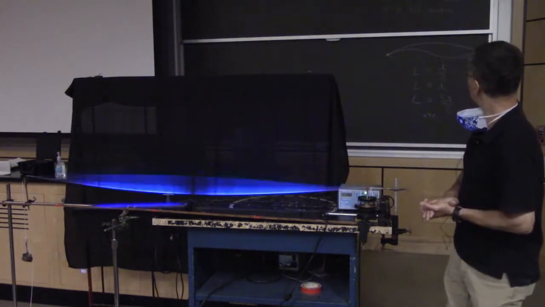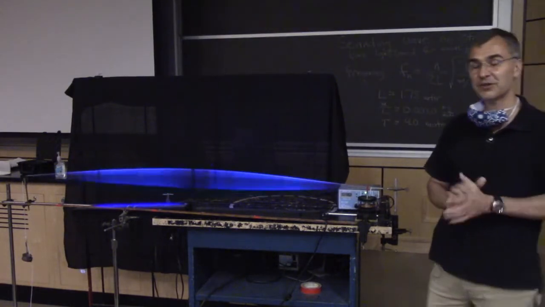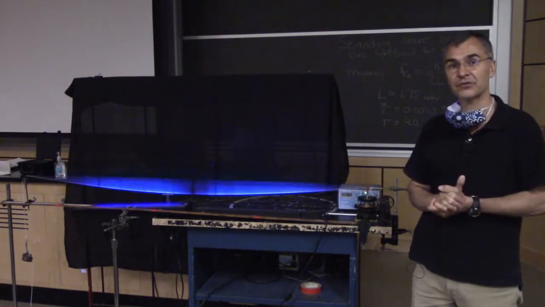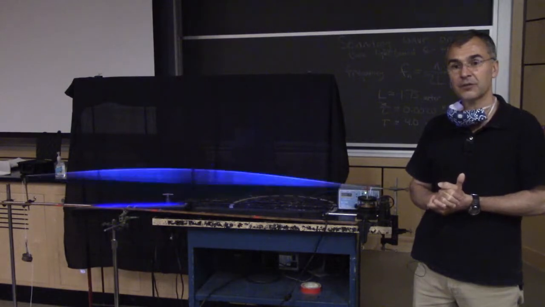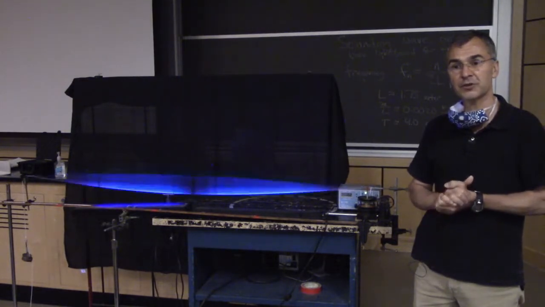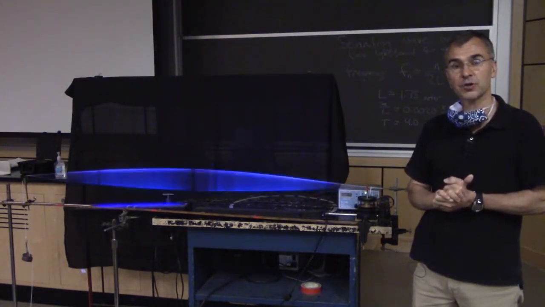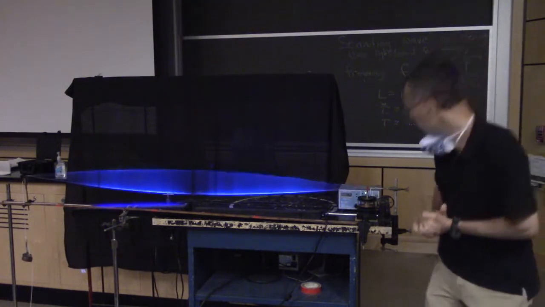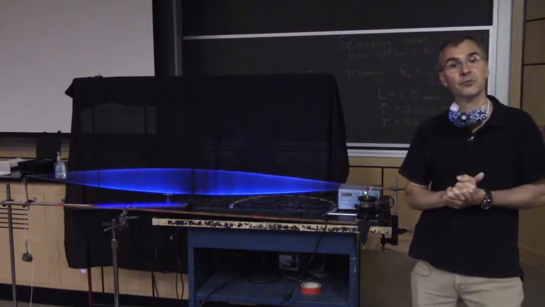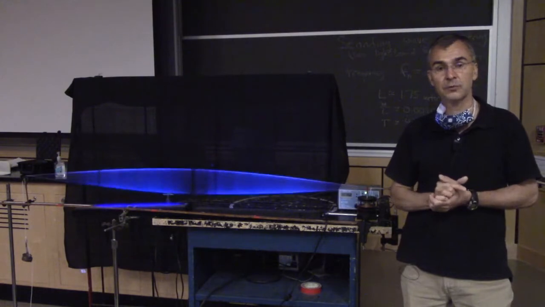Okay, now if we double the tension, keep everything else fixed, then we should increase the fundamental frequency by the square root of 2. So instead of being around 15 hertz, it should be around 21, 22 hertz. So let's try that.